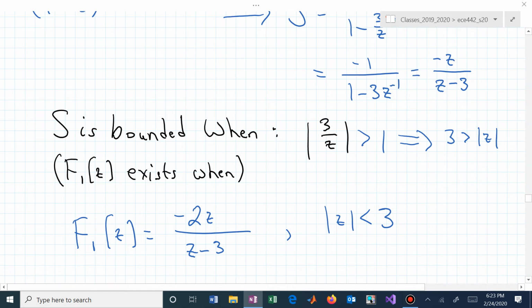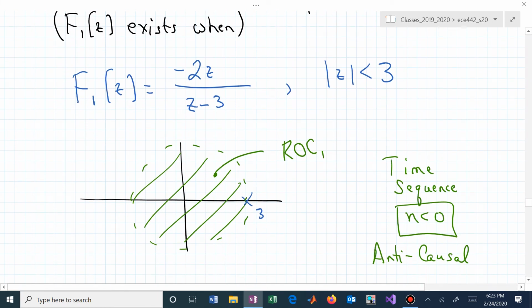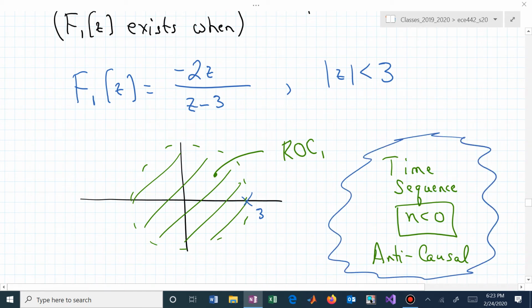So capital F sub 1 of z is minus 2z over z minus 3. And here is our region of convergence picture. And sort of on the side over here is what's happening to our time sequence.